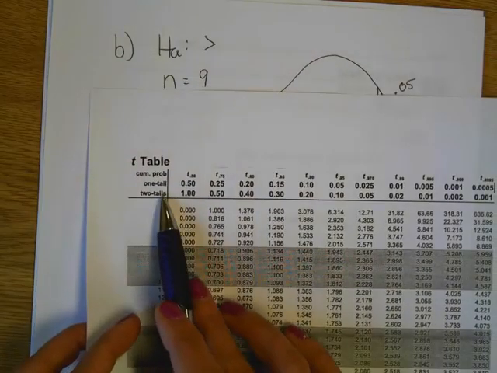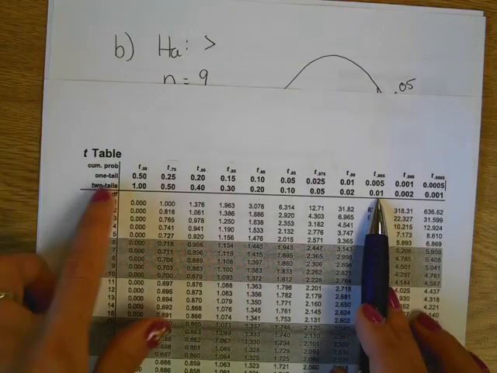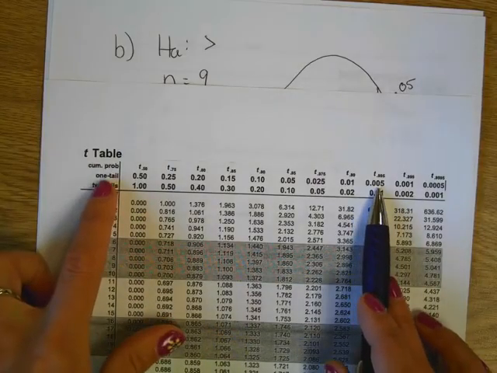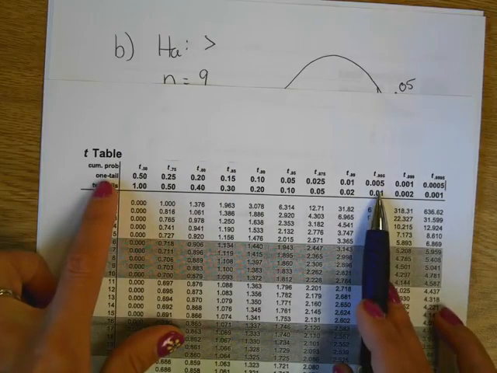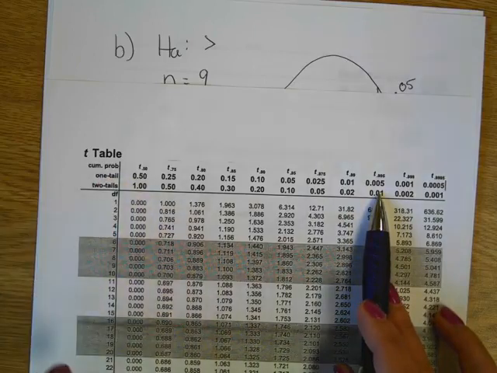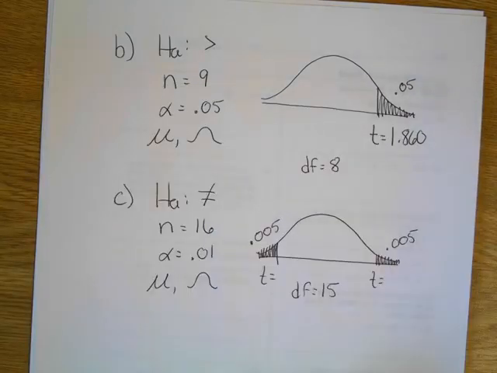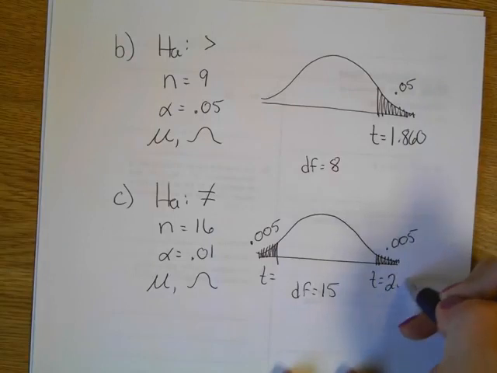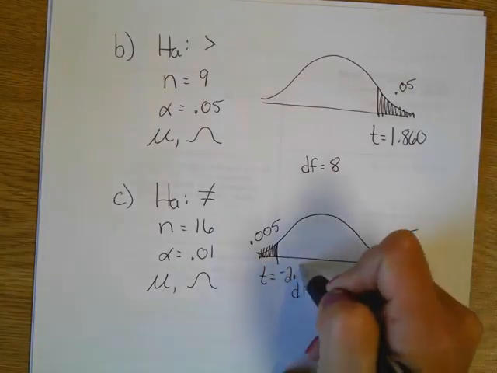So you can go to the two tails and get the total that's in the two tails, or you could do the one tail, which has a 0.005. So they're both at the same spot. So whichever one you want to look up. And then degrees of freedom was how much? 15? So 2.947. And then a negative 2.947.